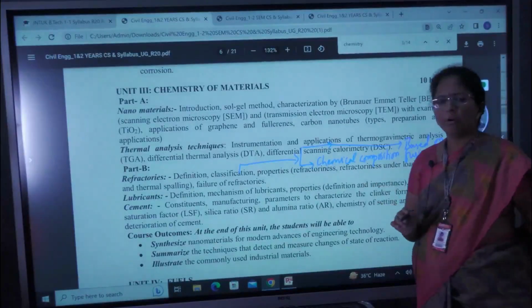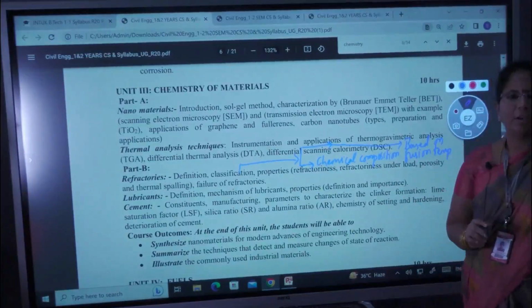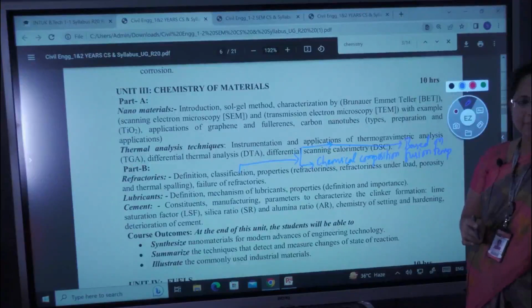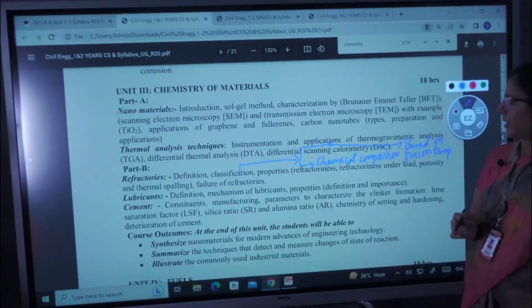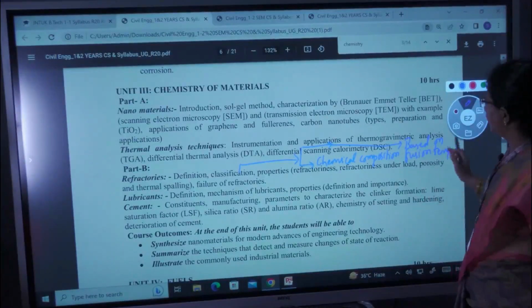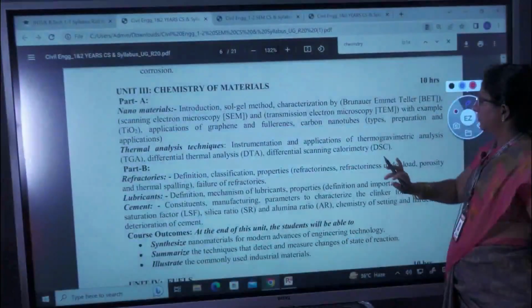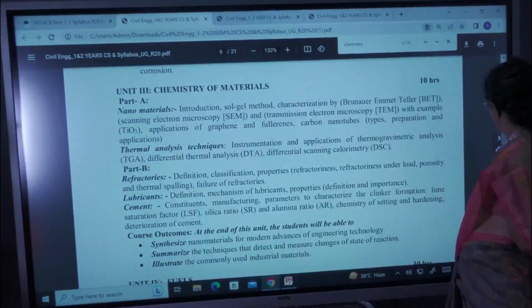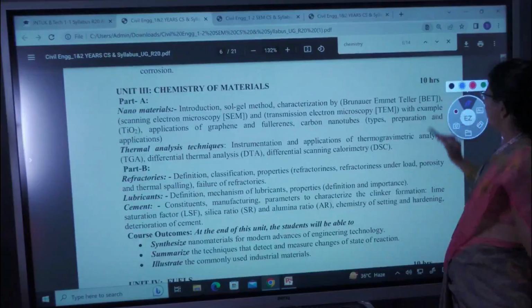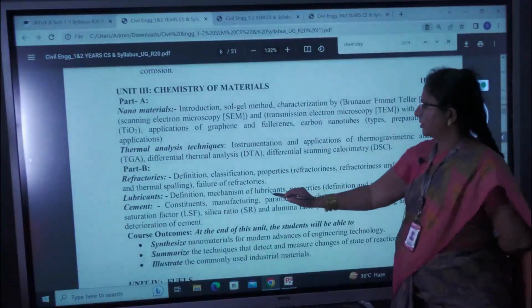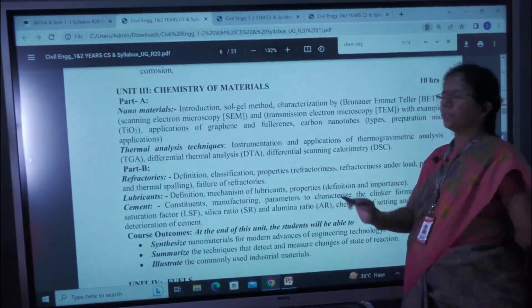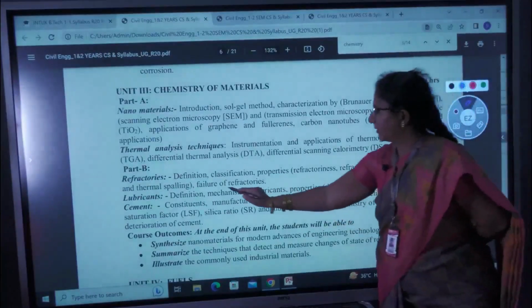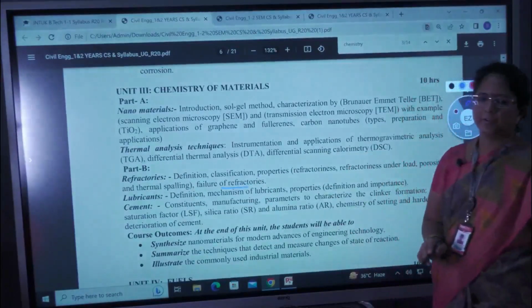And based on chemical composition, we will classify them as organic refractories, acidic refractories, basic refractories and neutral refractories. After that, we will discuss the properties of refractories and the reasons for the failure of refractories.